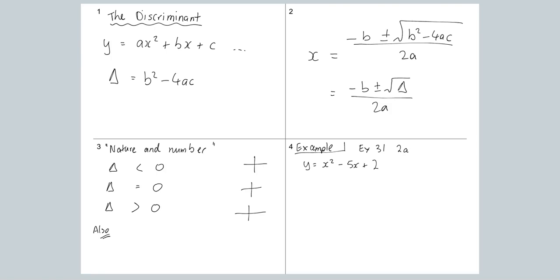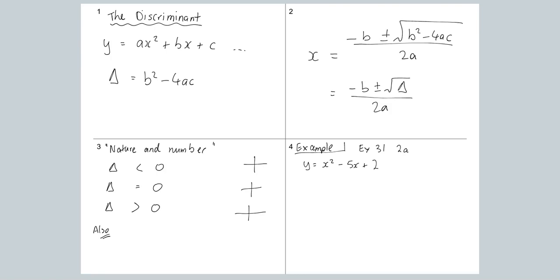Let's just have a look at this in tandem. We've got delta less than 0 here, i.e. delta is negative, i.e. the discriminant is negative, i.e. this bit is negative. What happens when you try to take the square root of a negative number? Well, if you do it on your calculator, you get error. In real life, you say it does not exist, and to be more precise, it does not exist as a real number. It does exist in a more complex kind of situation, as an imaginary number.